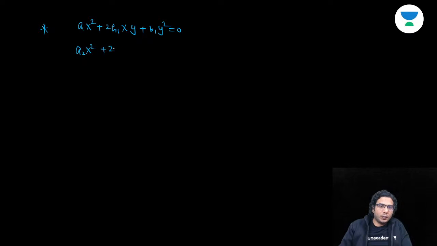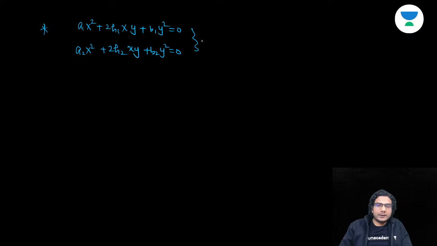All right. Now suppose you have two pairs. Now we got the conditions for when lines are real and imaginary. Now similarly, like in quadratic, we did the condition for one root common. So similarly, now suppose you have two pairs, a1 x square plus 2h1 xy plus b1 y square is equal to 0, and the second pair is a2 x square plus 2h2 xy plus b2 y square is equal to 0.